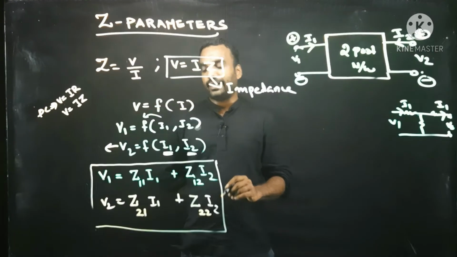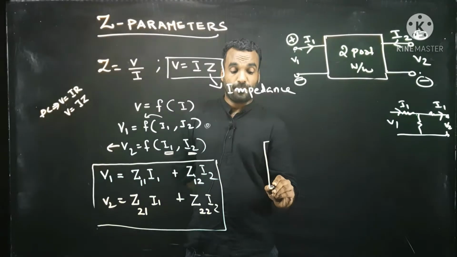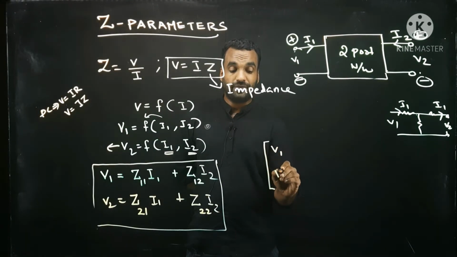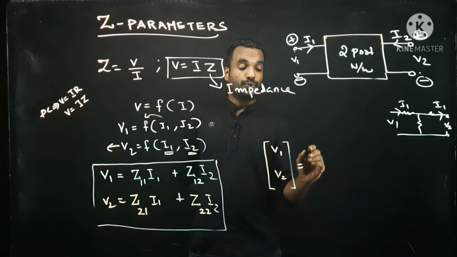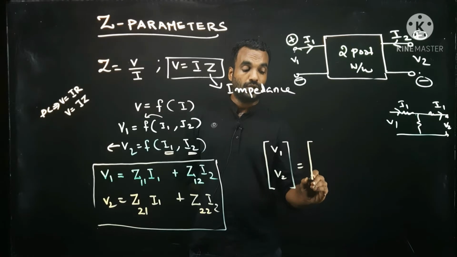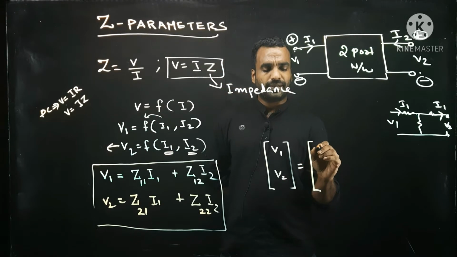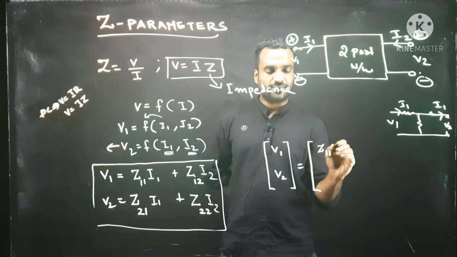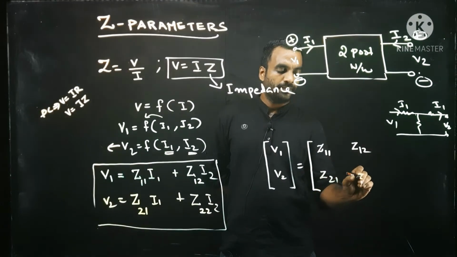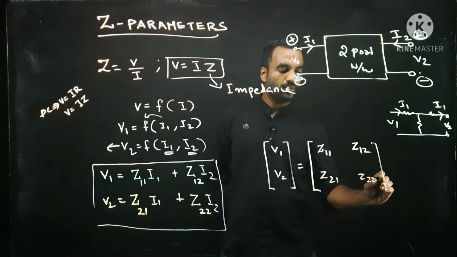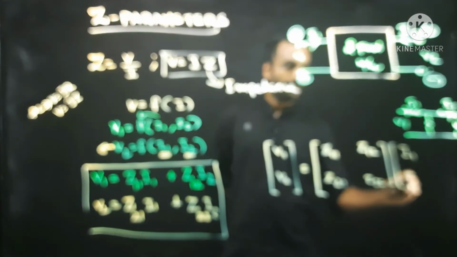On the other hand, I can write this in matrix form. I know you are now very familiar with matrix forms. You know how to do Cramer's rule and how to arrange equations in a matrix, everything you know well. So let me write Z11, Z12, Z21, Z22 multiplied by I1 and I2.